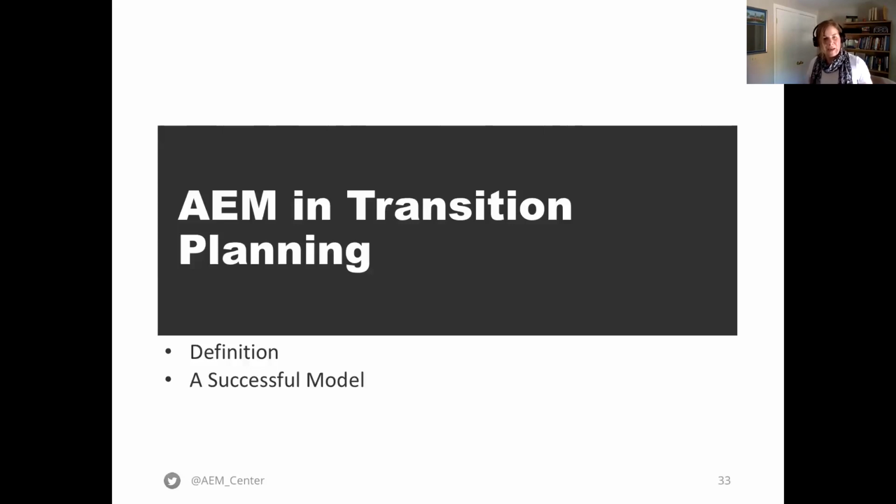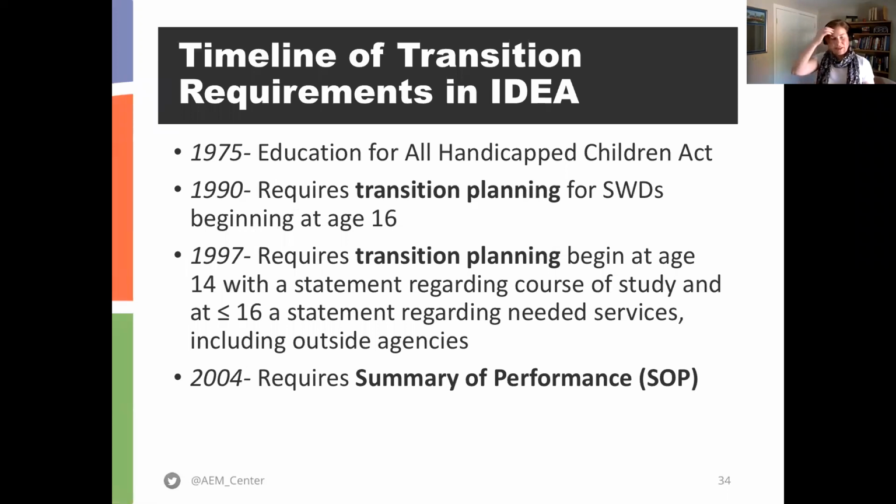So where does AEM happen in the transition planning process? Before talking about that, let's just get a handle on transition itself as a planning process. So here's a timeline of the transition requirements as they unrolled in IDEA. Of course, IDEA was the Education for All Handicapped Children Act when it was introduced in 1975.